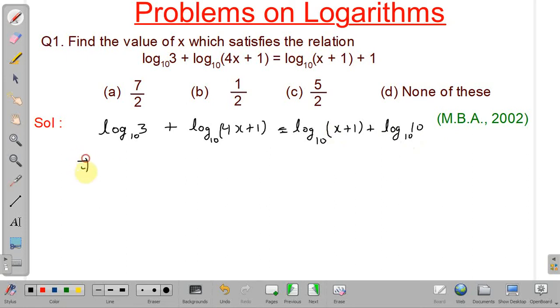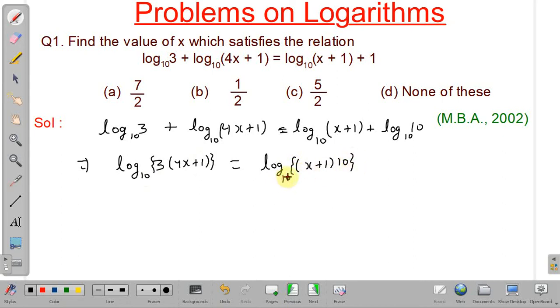Now, as we know, log x plus log y equal to log of x into y. So, we can write this as log of 3 into 4x plus 1 with base 10 is equal to log of x plus 1 into 10 with base 10.